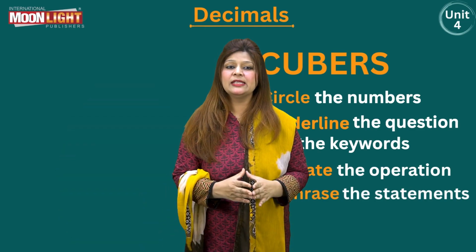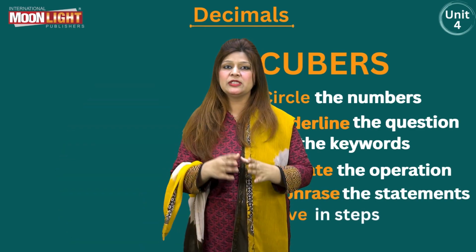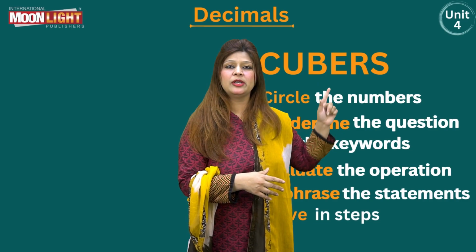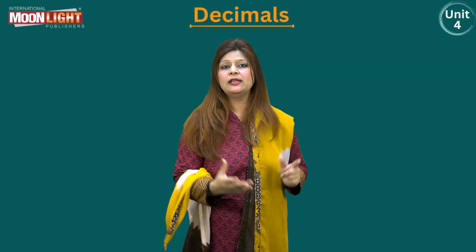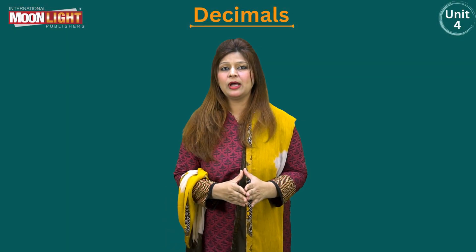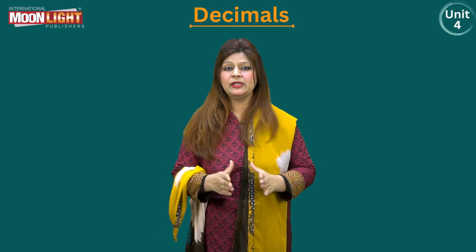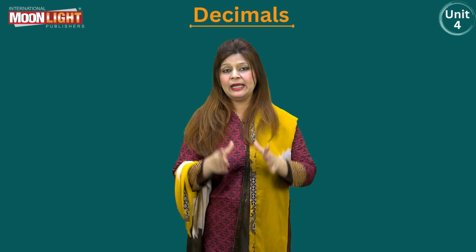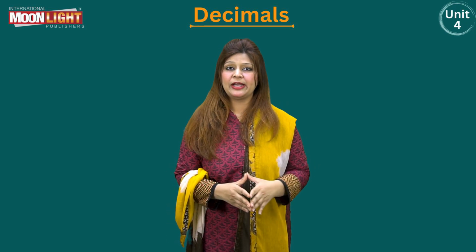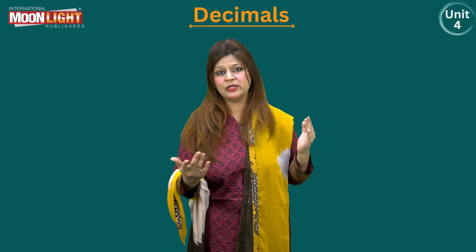And the last thing is S, solve in steps, which is important, but before that you need to understand these things first. Right now I'm going to solve two examples for you, and in the same way you are going to practice addition, subtraction, multiplication and division questions.